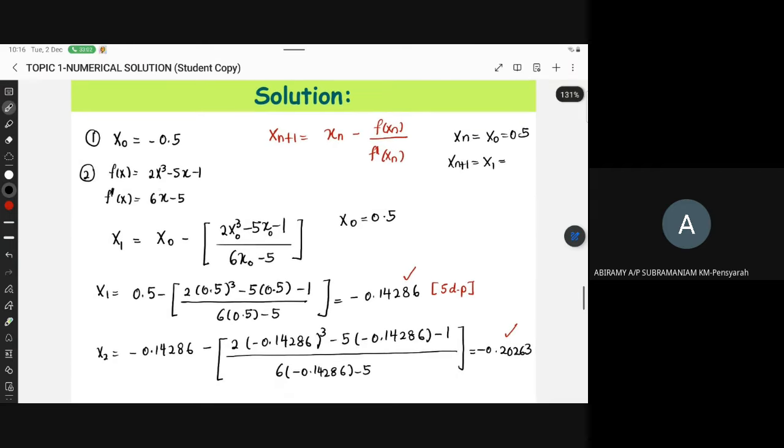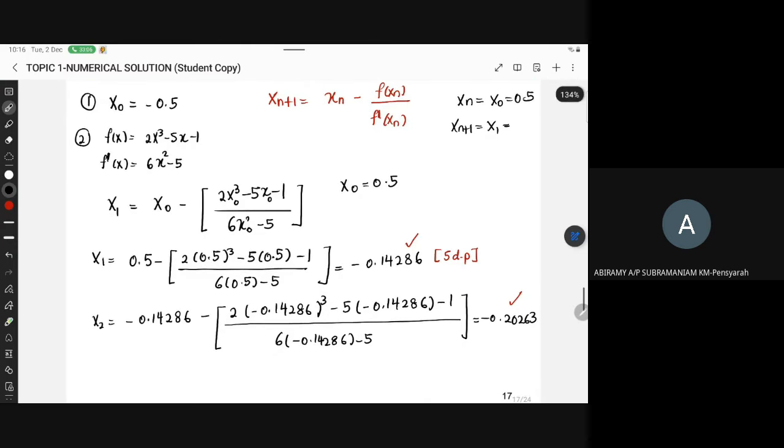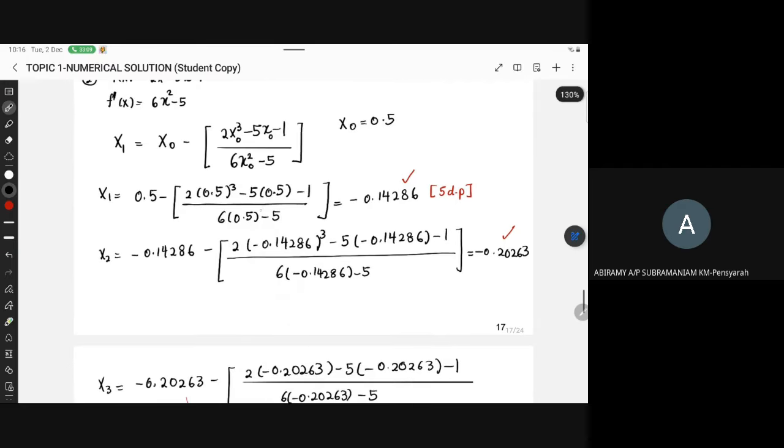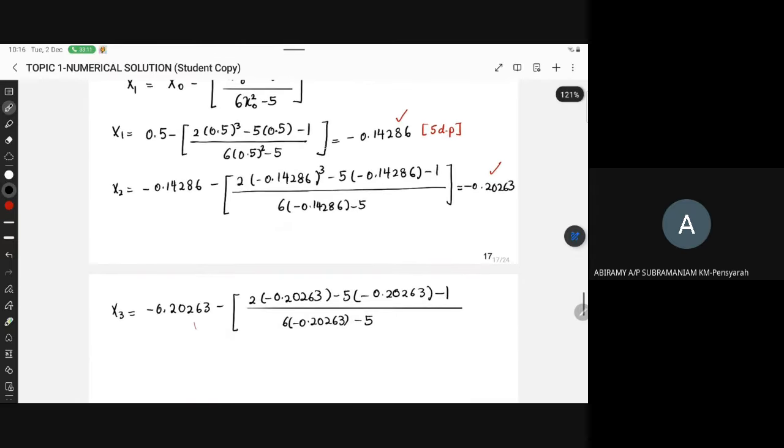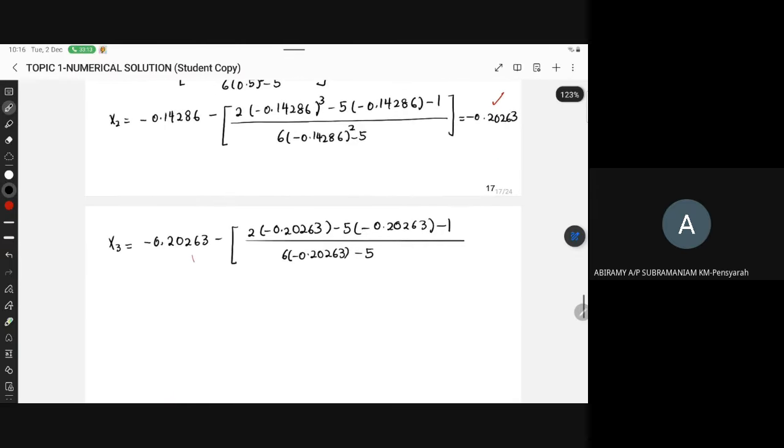I think the derivative here should be 6x squared, so this is squared, sorry. But the answers are correct, because I've done this earlier. So there's a square here.